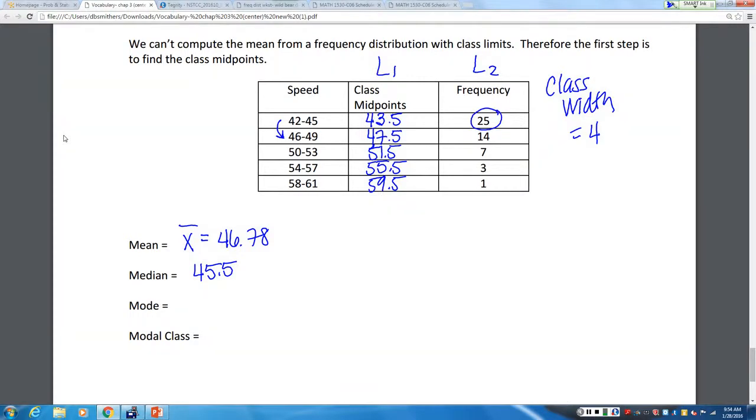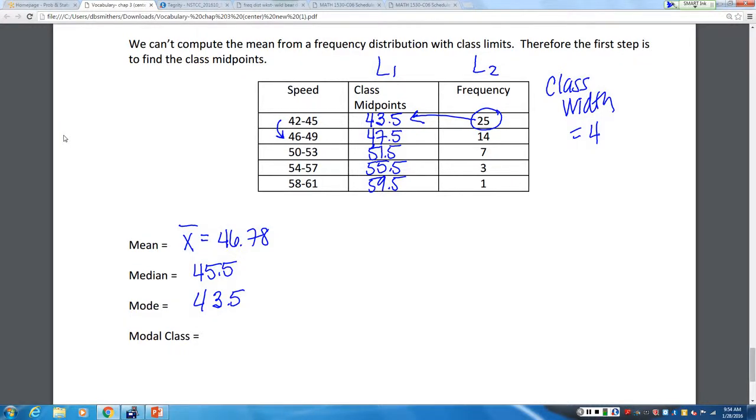Would you agree that the 25 is the greatest frequency, right? Yes. However, what number represents that? That's how you get your mode. So one more time, you still look for the greatest frequency number, but I need the number associated with that. I need that midpoint number. That's going to be your mode.